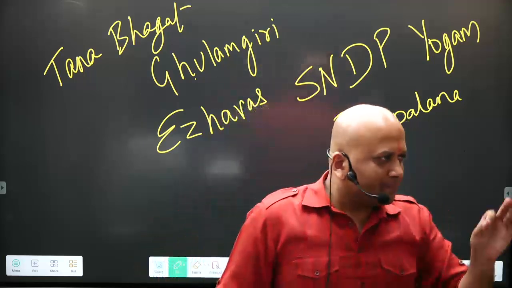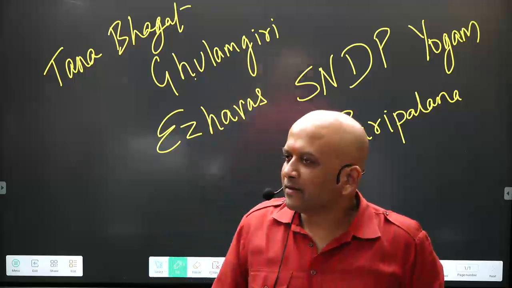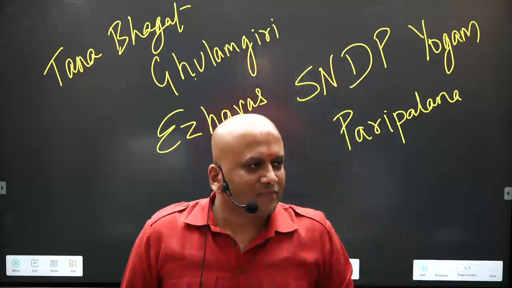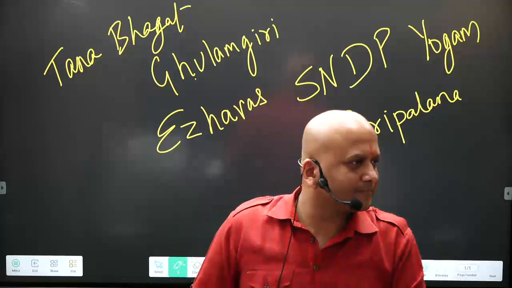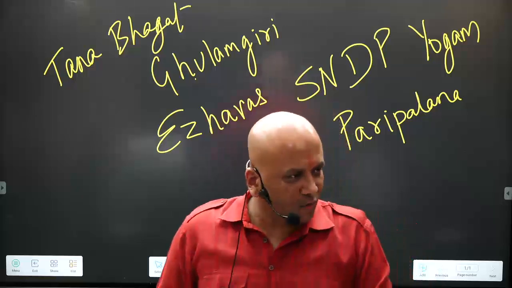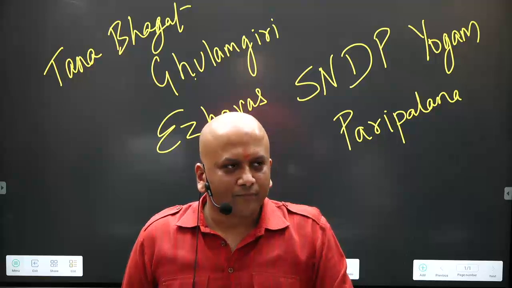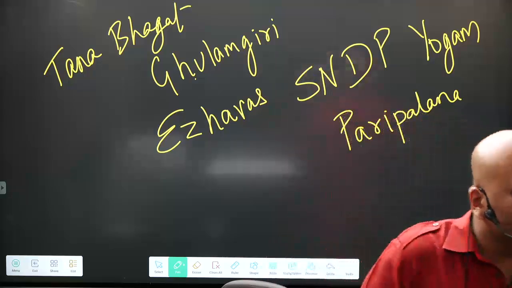For example, Arya Samajis. They launched campaigns for cow protection. They were the original Gau Rakshaks. They also launched the Shuddhi movement.